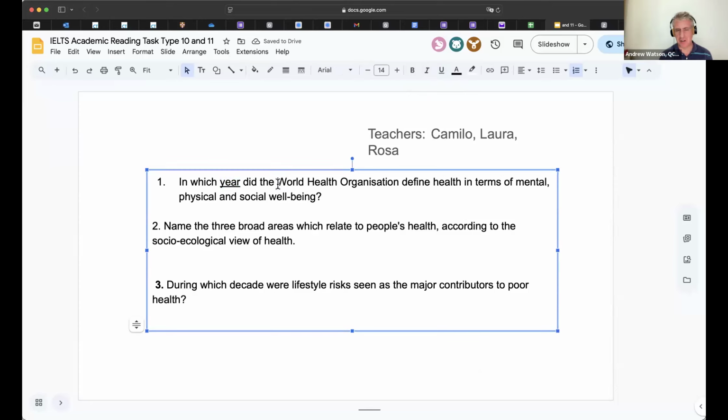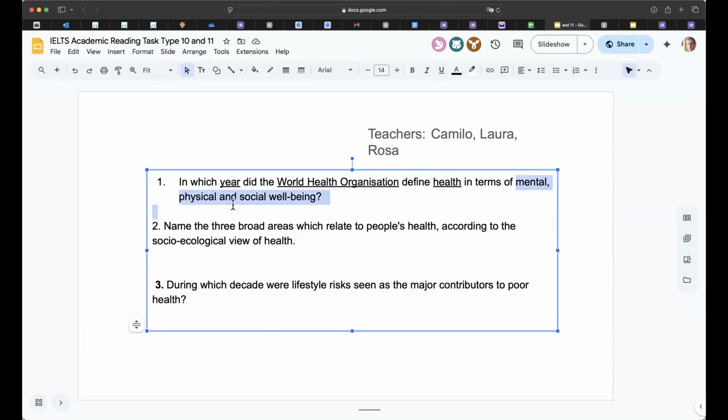Probably World Health Organization, right? That would make sense. Health. What other words? Health, probably, yes. Think about nouns, adjectives. Mental, physical, and social well-being. Yeah. So those are the key words.